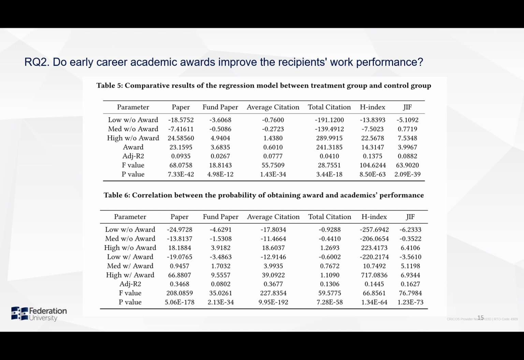And the coefficient of medium probability academics is higher than that of low probability academics. So we can conclude that the higher the probability of winning an award is, the higher the output and influence of academics is. For the control group, there are similar cases of the parameters.